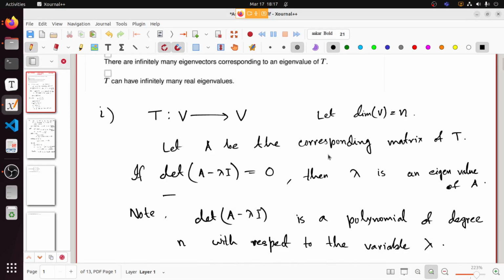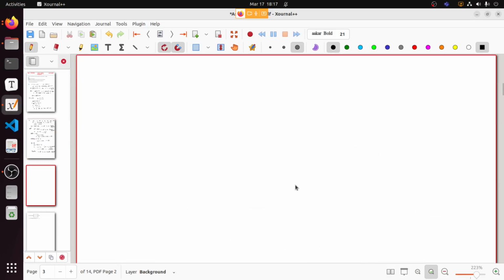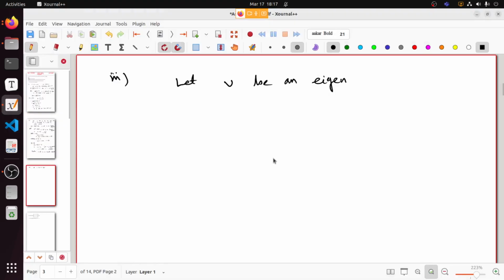Option number 3: there are infinitely many eigenvectors corresponding to an eigenvalue of T. So let v be an eigenvector of T, with eigenvalue, let's say, lambda, which means Tv equals lambda v.